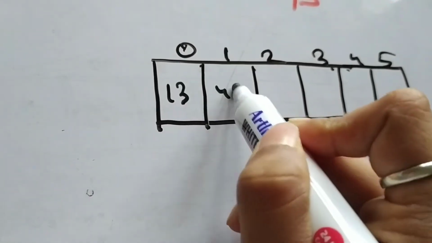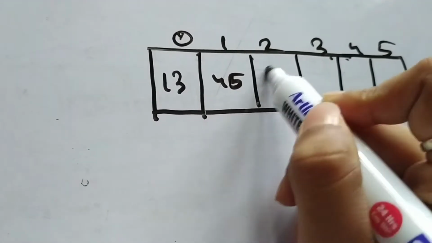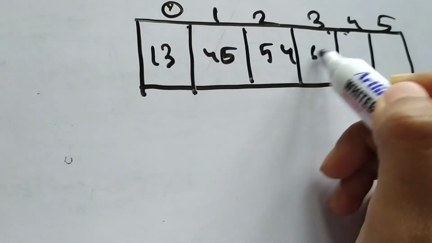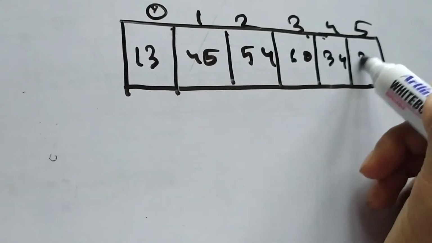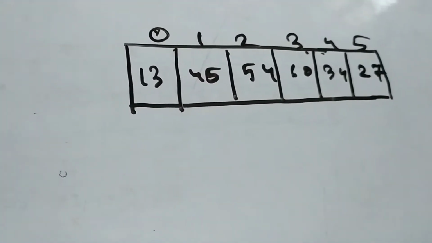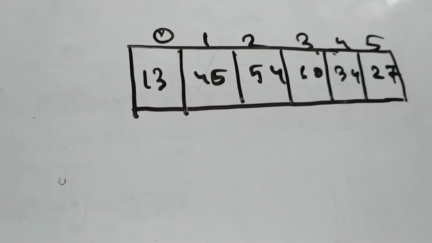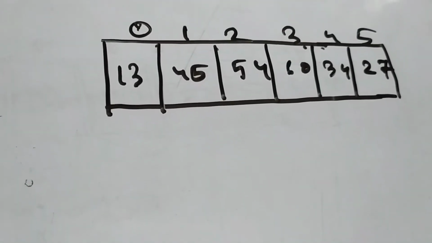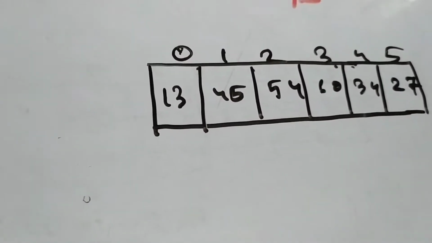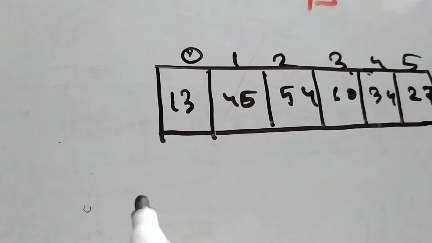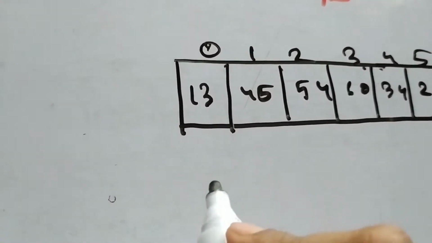The first element is 13, second element is 45, third element is 54, fourth element is 60, fifth element is 34, sixth element is 27. So this is an array. Now suppose I am assigned to find the index number of 60, or in which position does 60 lie in this particular array.